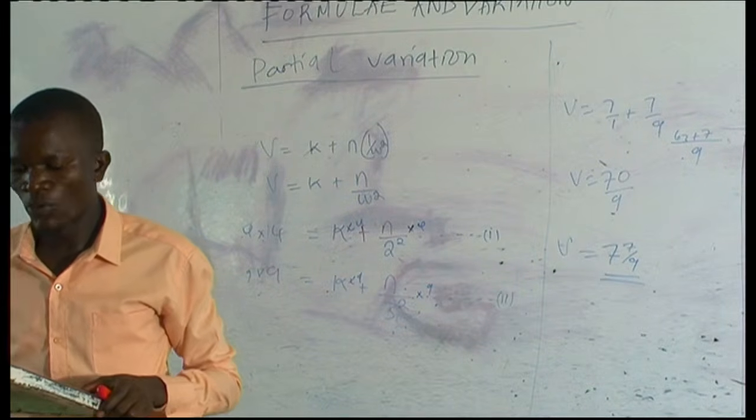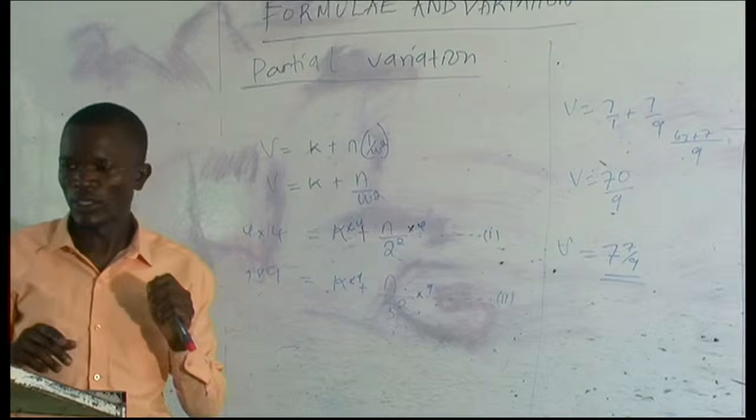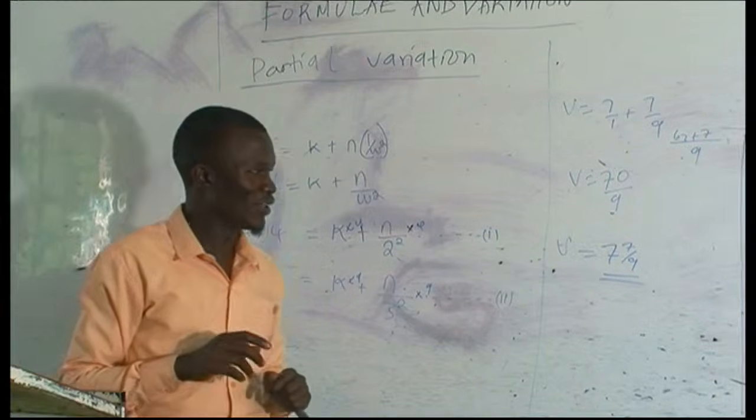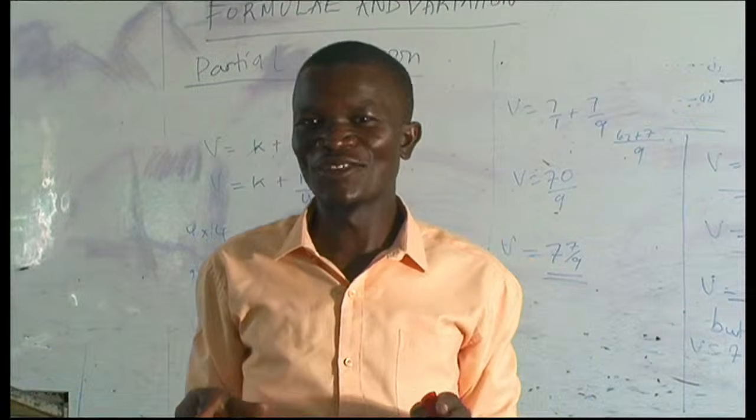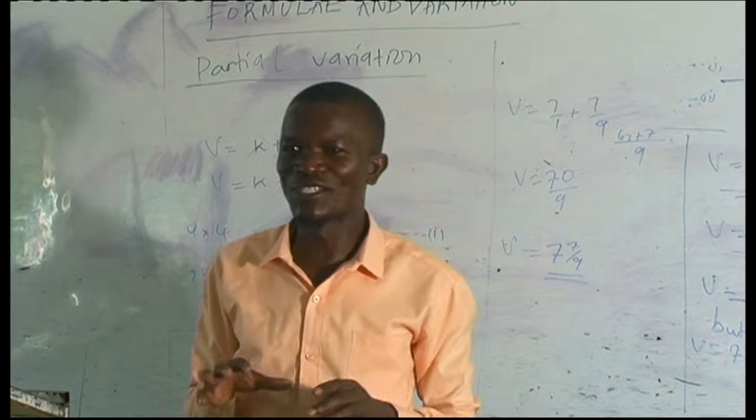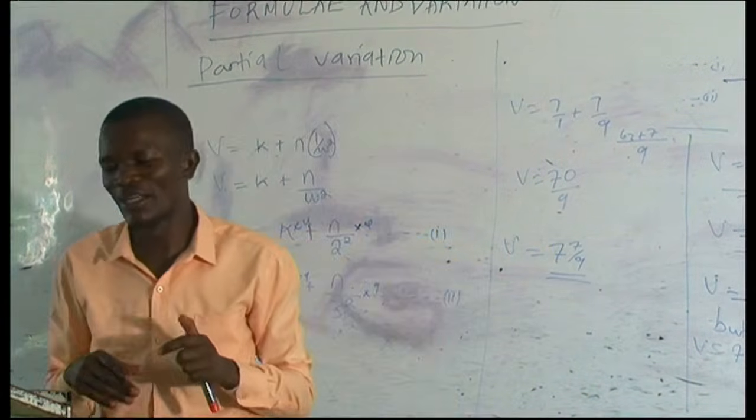Find P when T is 32. Now learners, in this case, do we have a constant? If you think we have a constant, you can type yes, and if we don't have a constant, you can type no.